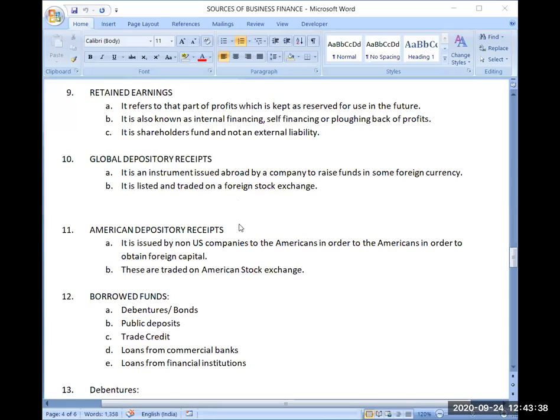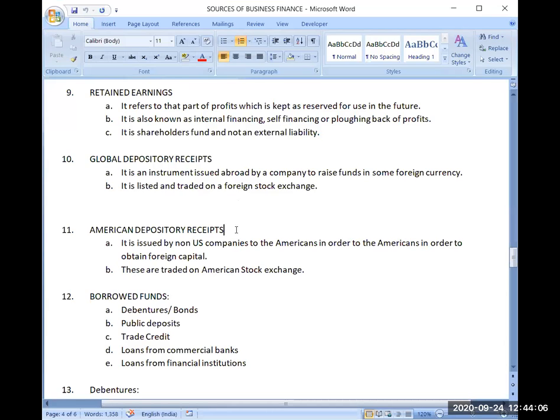Now coming to the next topic, American depository receipts. So American depository receipts are the same as global depository receipts with the exception that global depository receipts can be issued in any country outside India, but American depository receipts will be specifically issued in America.